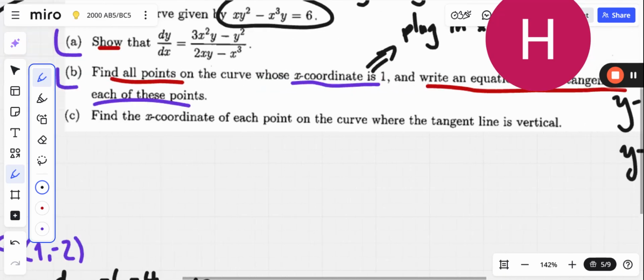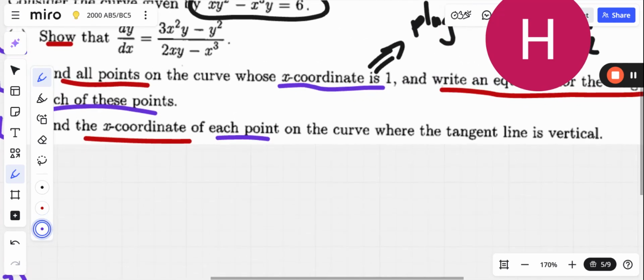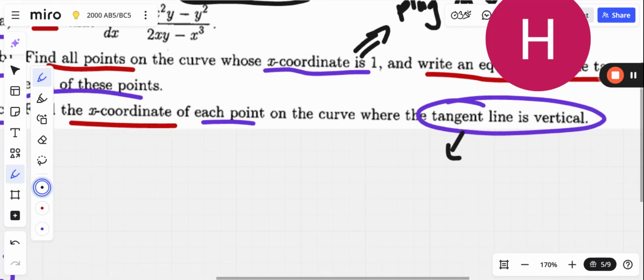Now, last part. Let's take a look at part C. It wants us to find the x-coordinates of each point. Again, they're suggesting there's more than one point on the curve where the tangent line is vertical. This gives us all of the clue how to start.